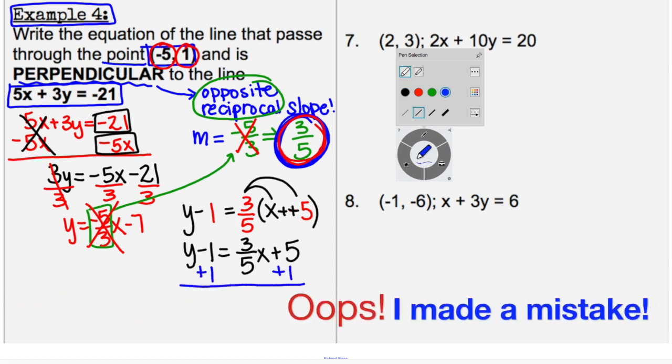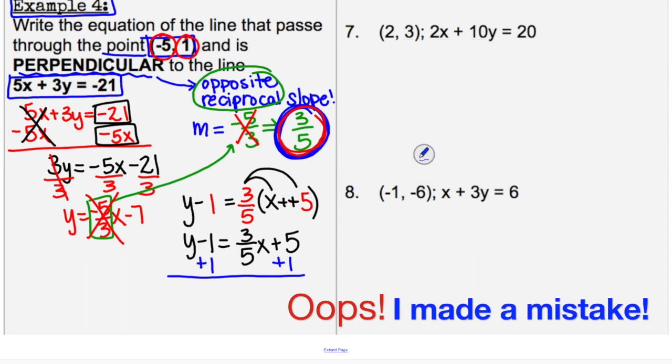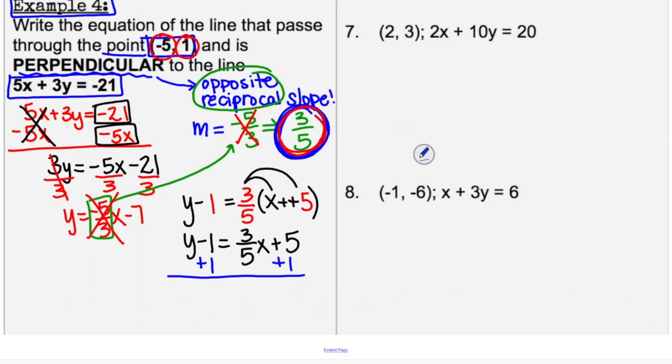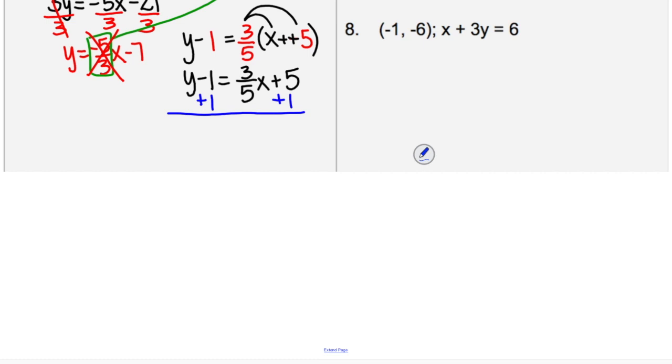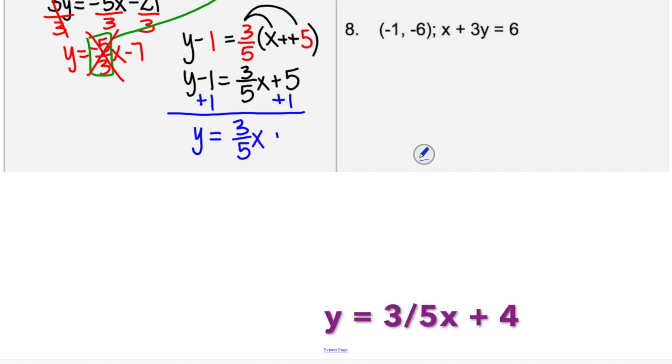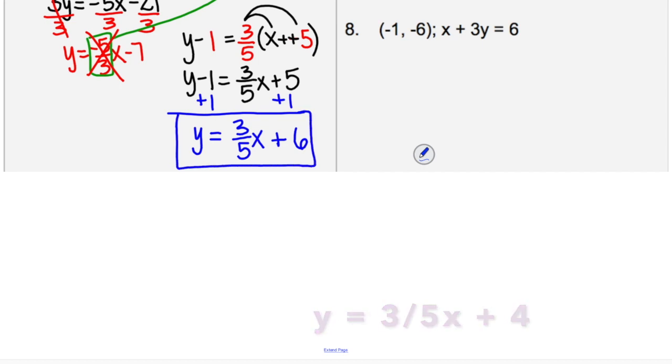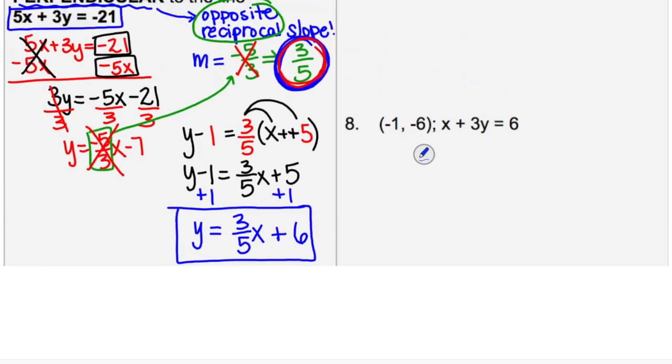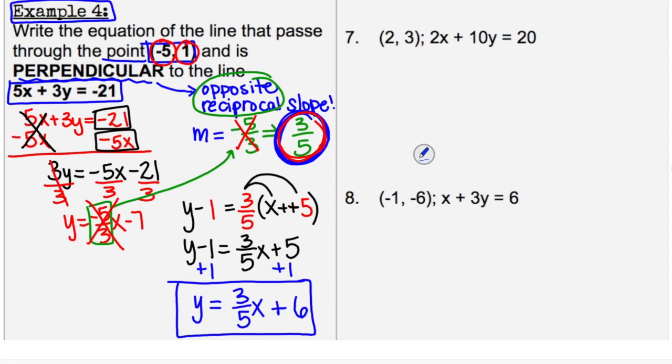Still getting y by itself, add 1 to both sides. And doing so, we end up with y is equal to 3/5 x, and that gives you plus 4. And that is our new equation perpendicular to our original through that given point.